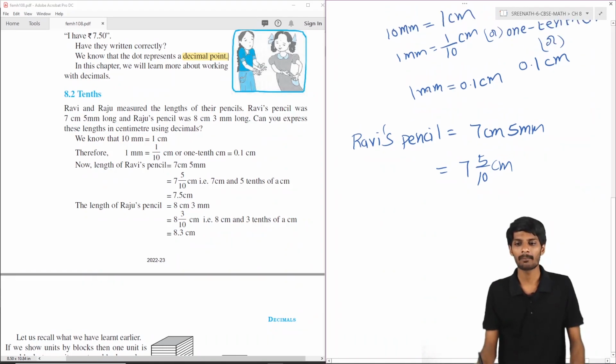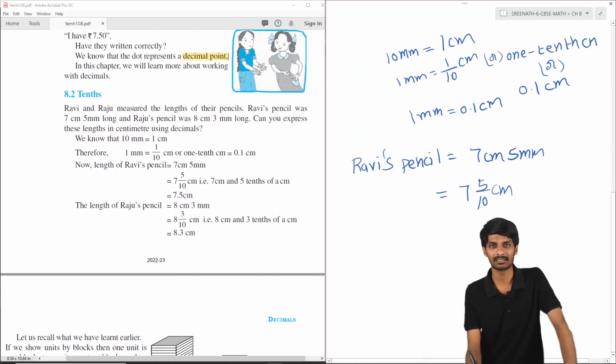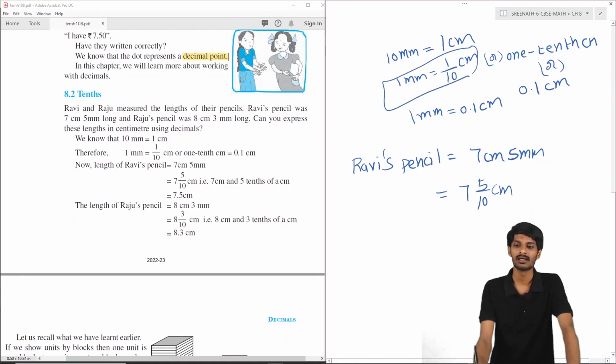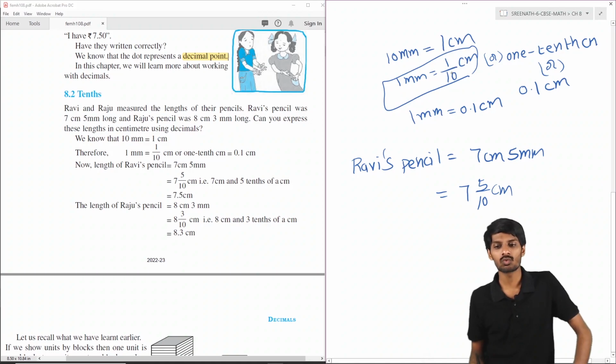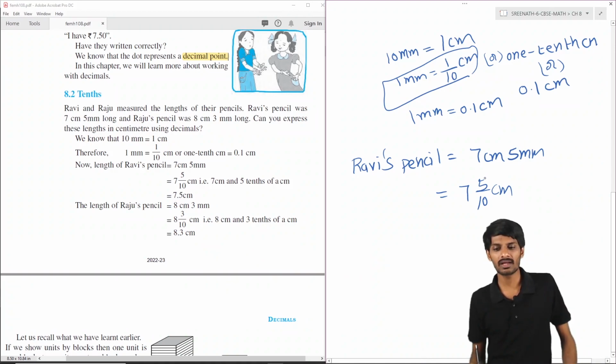We know that 1 millimeter equals 0.1 centimeters, or 1 millimeter equals 1 by 10 centimeters. I have used this. Here there is 5, that's why I have multiplied with 5. So it becomes 5 by 10 centimeters.